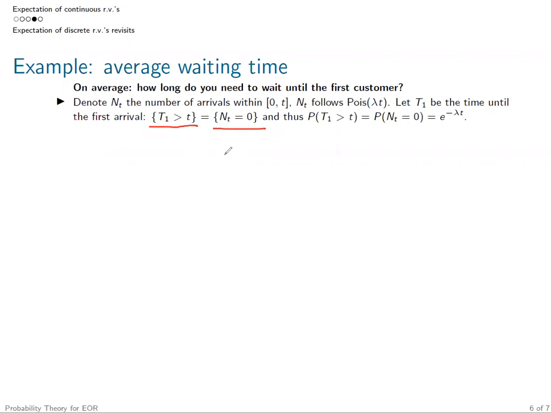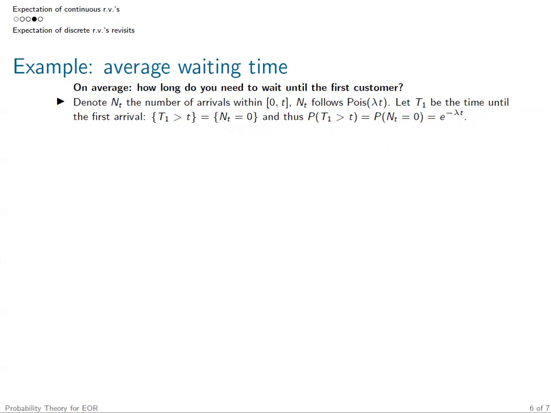If we have to wait more than t for the first customer, that says there are zero arrivals within the time interval 0 to t. Thus, the probability of T1 strictly larger than t is the probability of N(t) equal to 0 arrivals, and making use of the PMF of the Poisson, we know this gives this value.